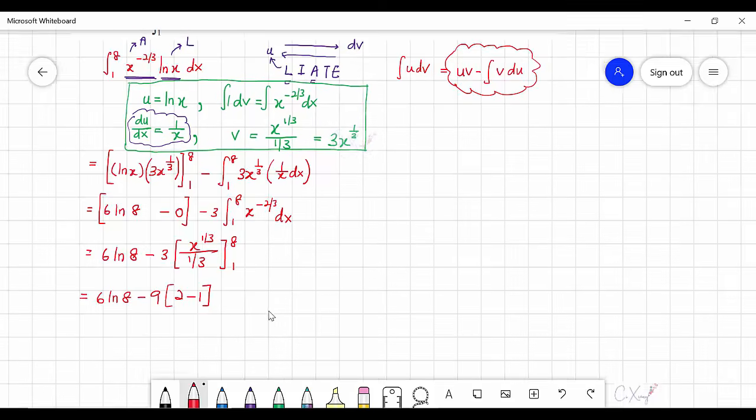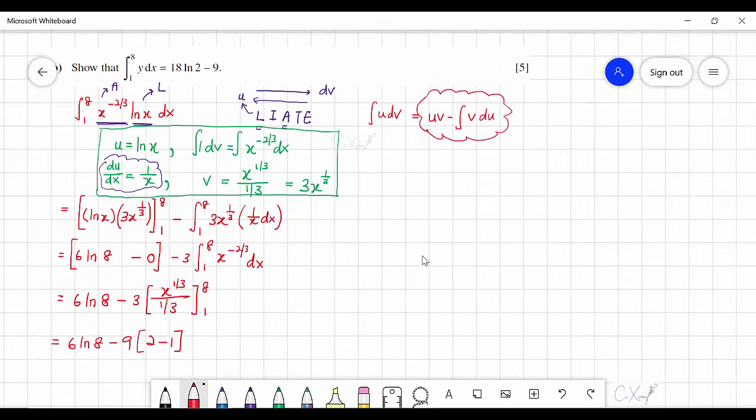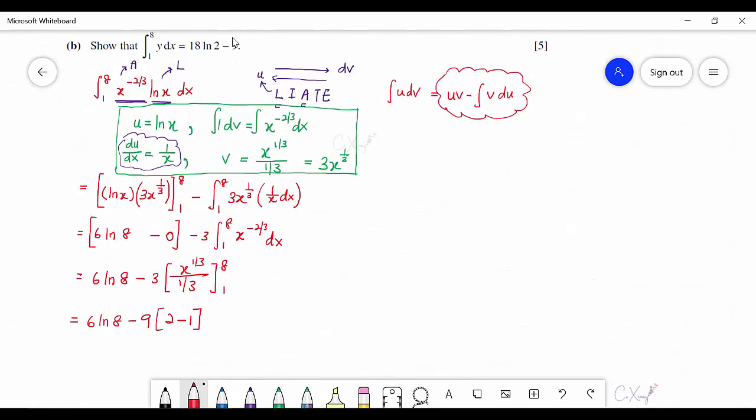All right, so we are almost there because we already completed our integration. What we need to do now is rephrase our answer into the pattern that they want, which is 18 ln 2 minus 9. I already have the minus 9 at the end of the answer. So what we need to do now is change this one to become 18 ln 2. So ln 8, I want to change it to ln 2.